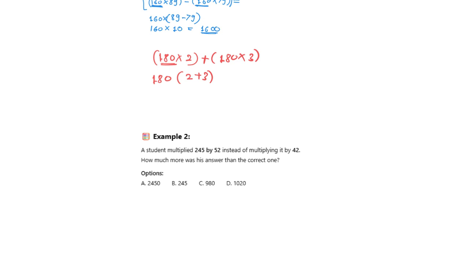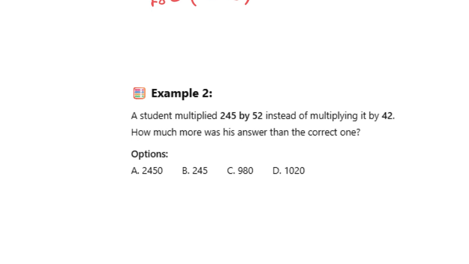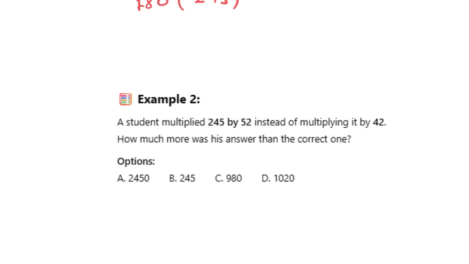Now it is practice time. I have given you a similar example. In the second example, a student multiplied 245 by 52 instead of multiplying it by 42. How much more was his answer than the correct one?